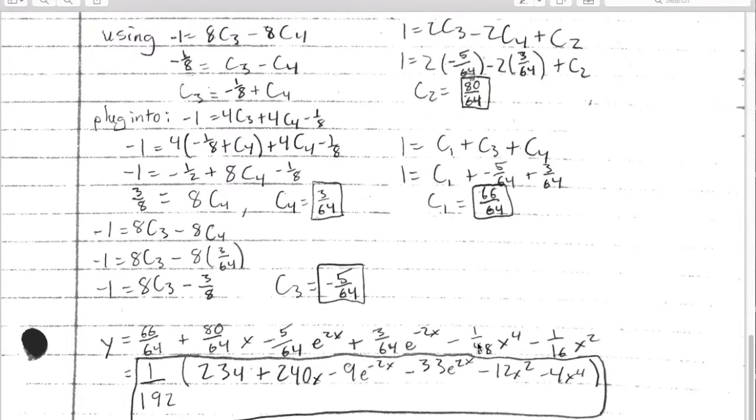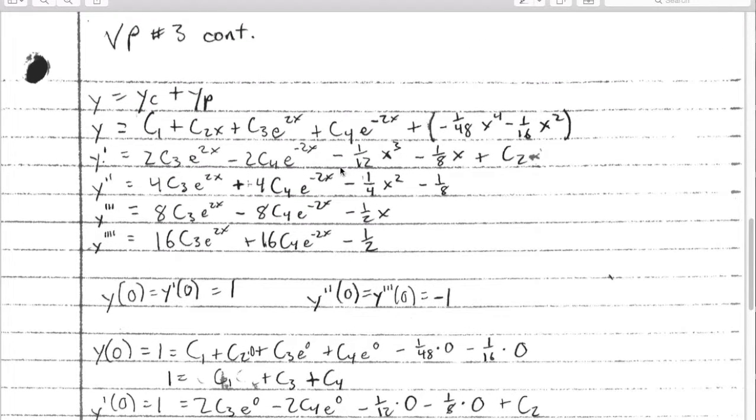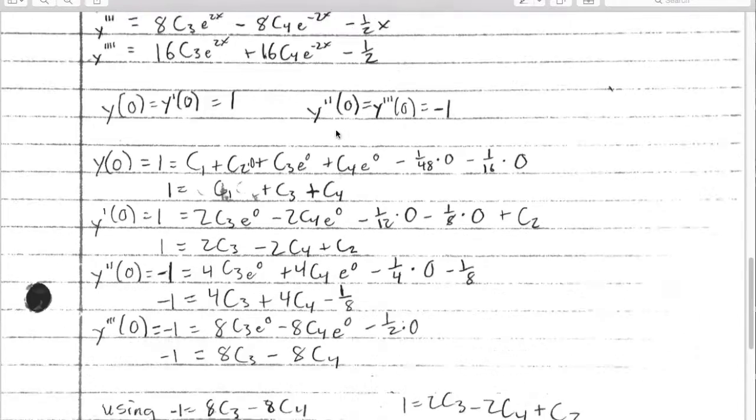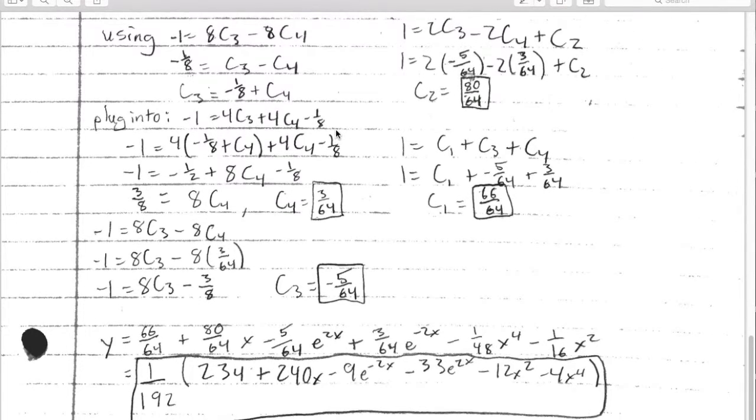So we take these c1, c2, c3, and c4 values, and we plug them into the equation that we found at the top: y equals c1 plus c2x plus c3 e to the 2x, c4 e raised to the negative 2x, minus x to the fourth over 48 minus x squared over 16.